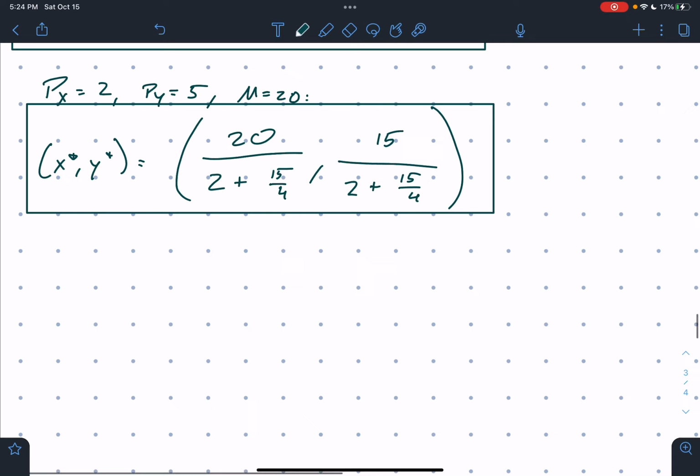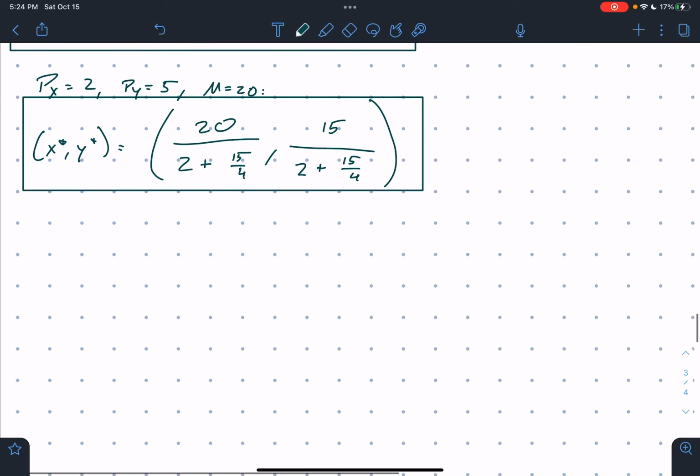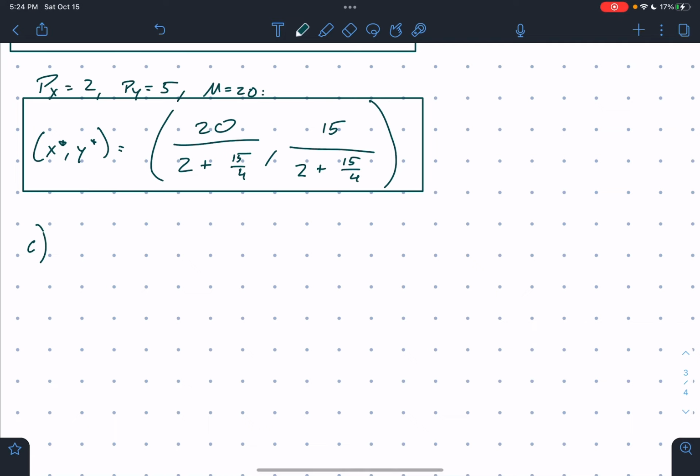We kind of made our lives easier here because we solved for x star and y star as a function of all the variables. Now we just need to plug in m and px, and then we have these as a function of py. So we already did that work. So for part C, we plug in px is equal to 2, and m is equal to 20.